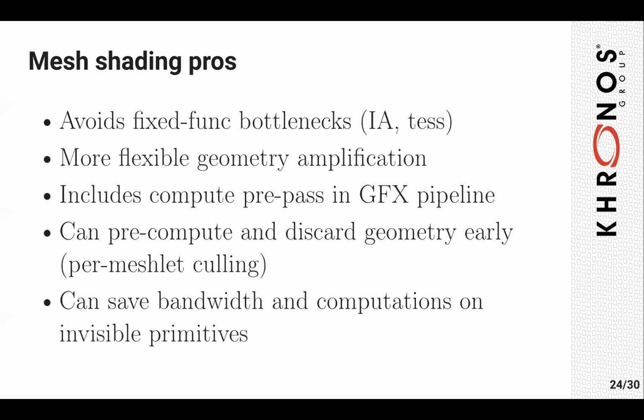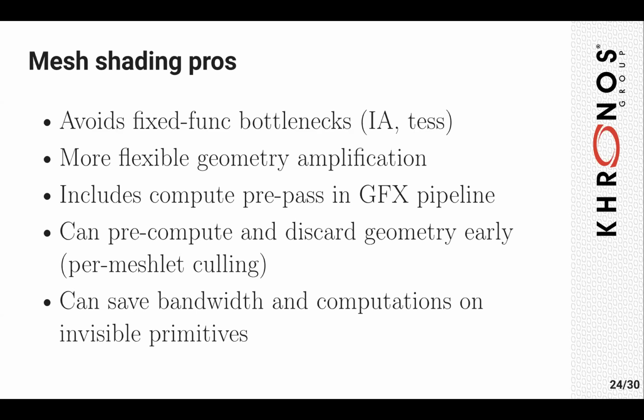And finally, in comparison to the traditional pipeline, I'm just going to reiterate these points really quickly. So mesh shading avoids fixed function bottlenecks in the hardware, such as input assembly and tessellator. It allows you to have more flexible geometry amplification because it doesn't lock you to the tessellation options implemented in the fixed function hardware. So basically, you just achieve amplification by specifying how many mesh shader work groups you want from your task shader.